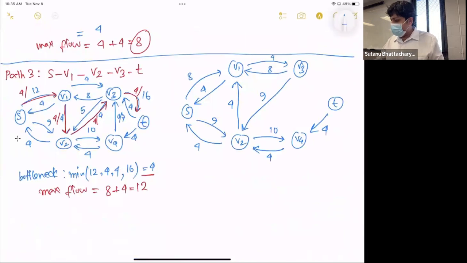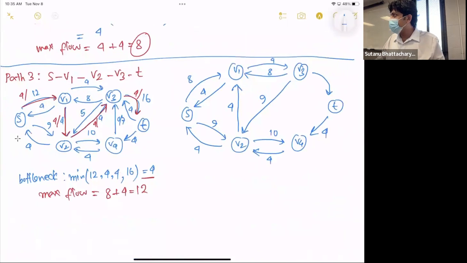So for 9, there is no forward path. And V3 to T, what is the forward edge? 4 is the flow, 16 is the capacity.